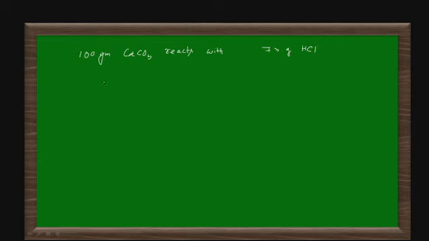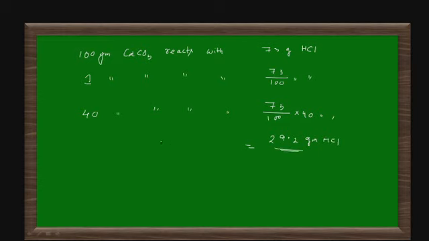Okay, so 1 gram calcium carbonate reacts with 73 divided by 100 gram HCl. Now in this question we have 40 gram. So 40 gram calcium carbonate reacts with 73 divided by 100 into 40 gram HCl. Answer will be 29.2 gram HCl.